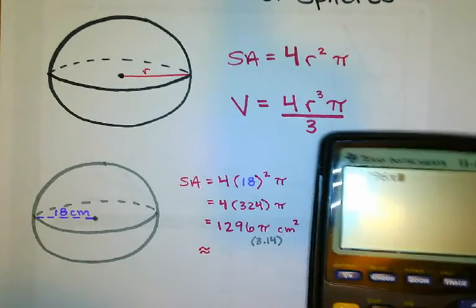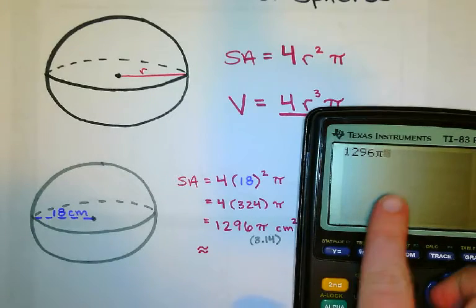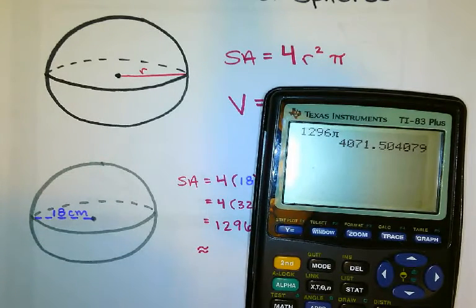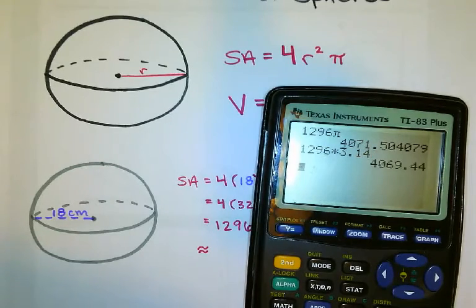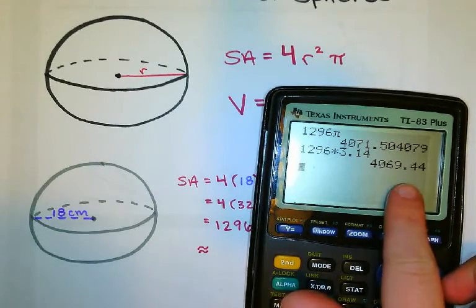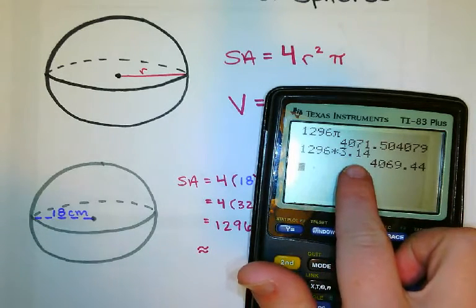Here I'm plugging in 1,296 and pi next to it, and I get a more exact answer, even though I still have to round, so 4,071.5. If I took 1,296 times 3.14, my answer would be just a little off, because we are approximating an approximate answer.